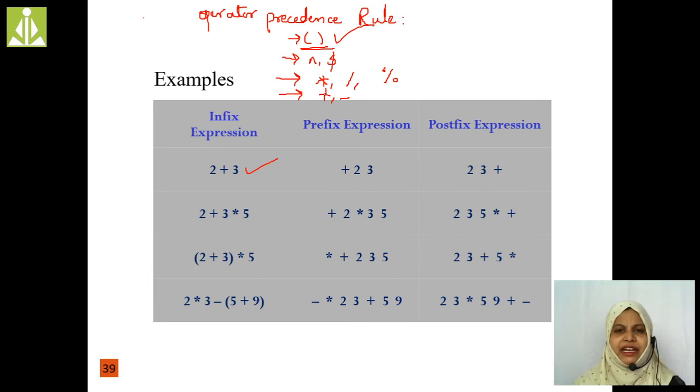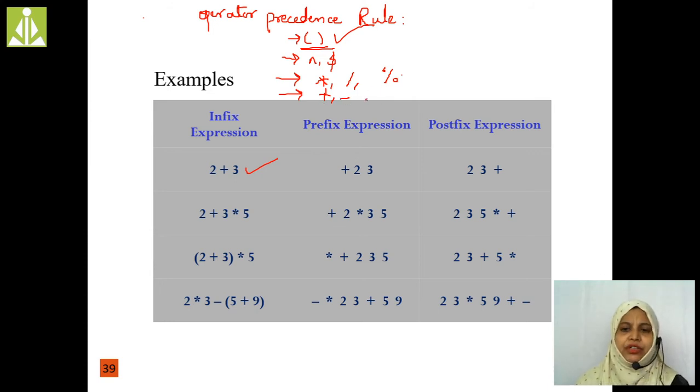Then the next highest priority operators are evaluated, right? Star, divide, percentile are in the same priority level, these three have equal priority. Cap and dollar symbol have equal priority. Plus and minus have equal priority.